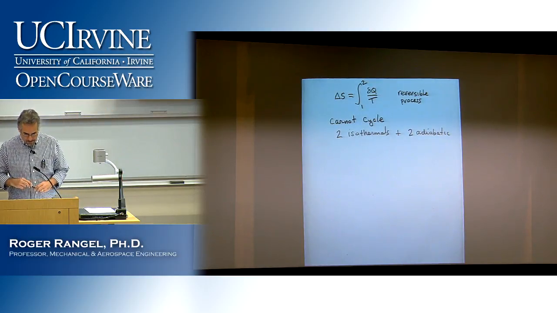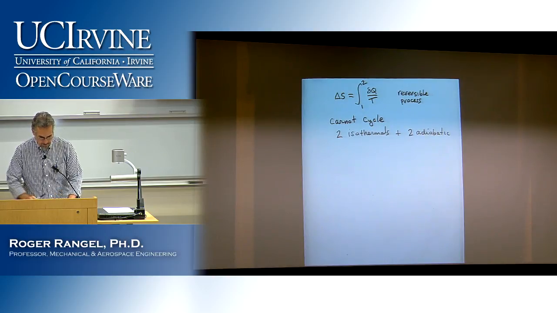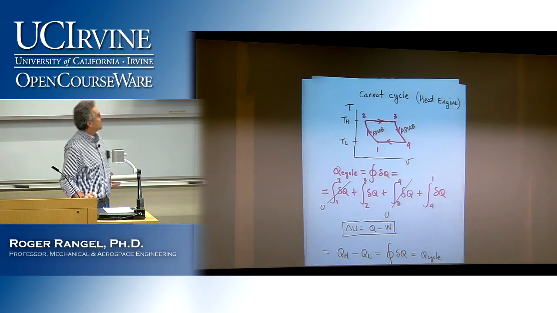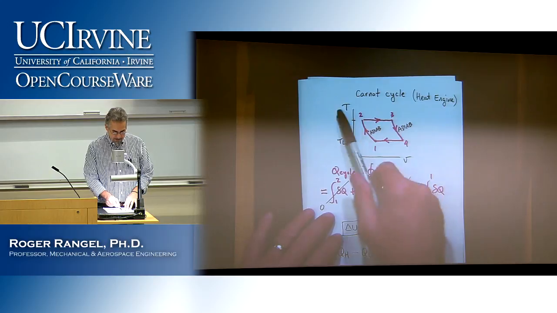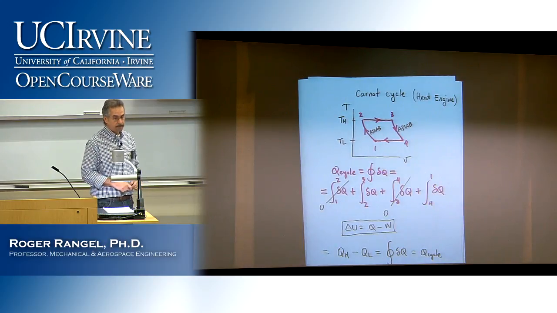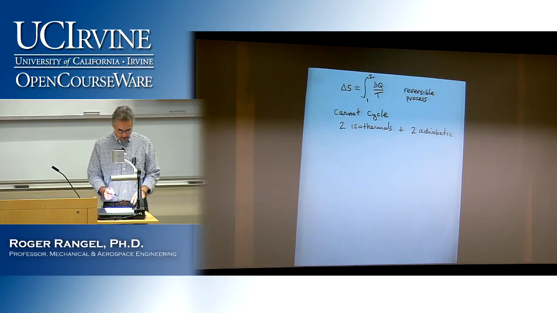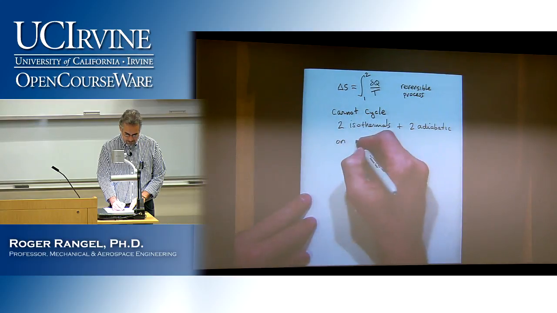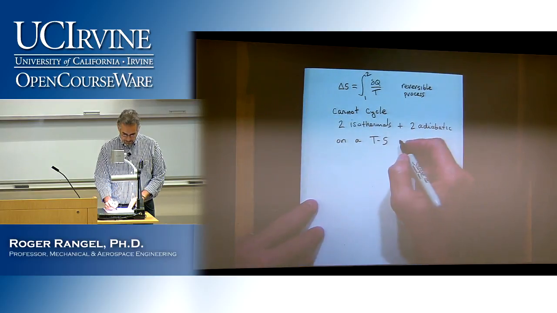We have seen that when we plotted it, for example, on a TV diagram, it was convenient because the 2 isothermal processes on the TV diagram will be horizontal lines. But suppose I now ask you, let's plot the Carnot cycle on a TS diagram.